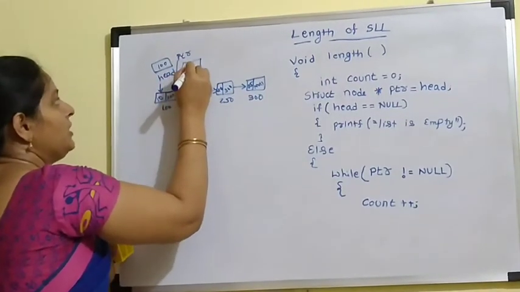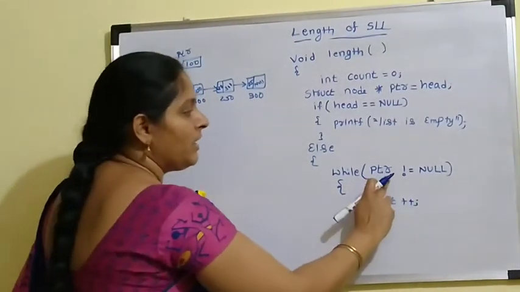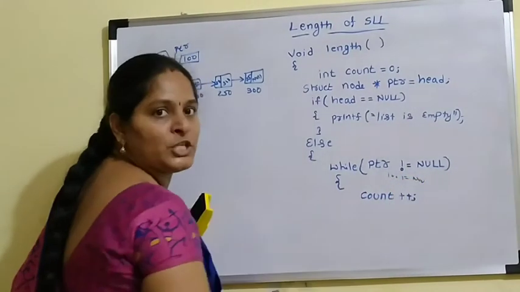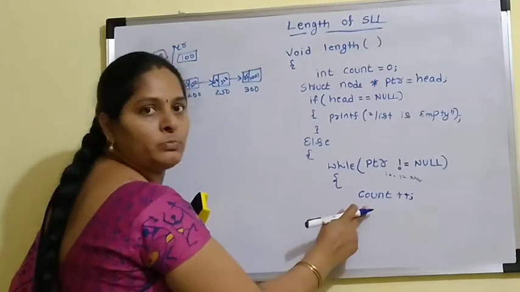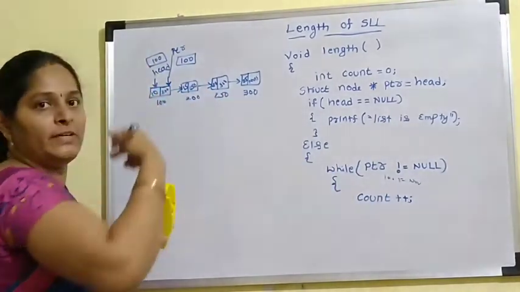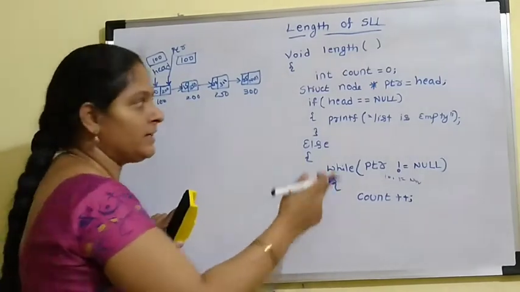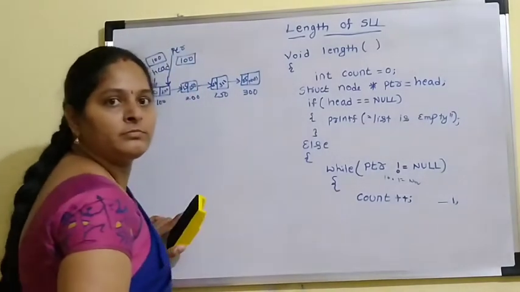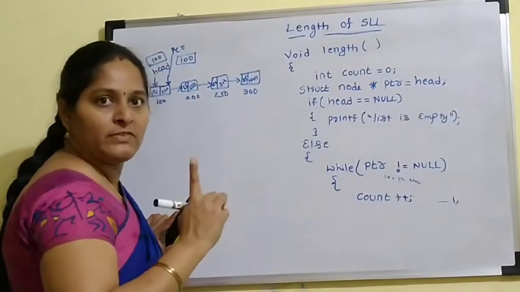Initially PTR value is 100. Okay, 100 is not equal to null. Condition satisfied. So we'll enter into this loop. The count value will be incremented by 1. That means that node we need to count. So count value is incremented. Initially count is 0. Now count becomes 1. Okay, that means one node we have visited.